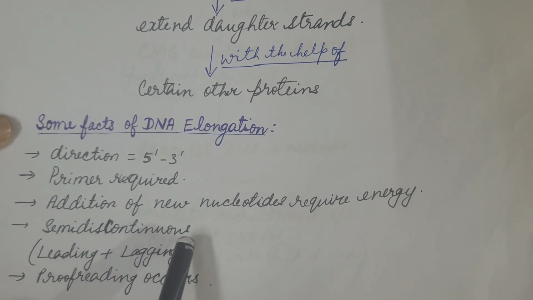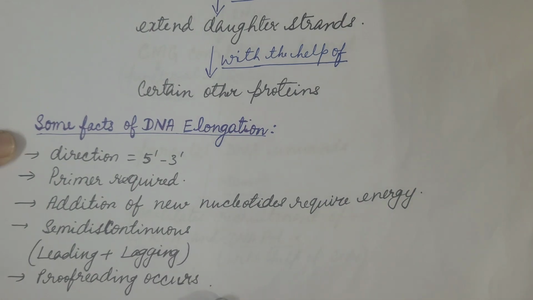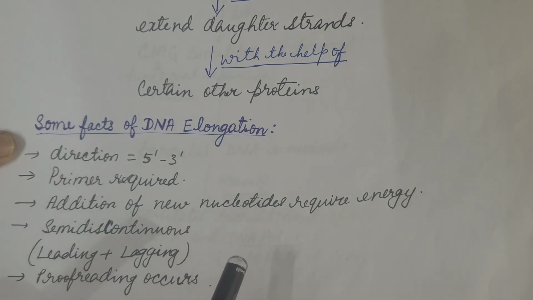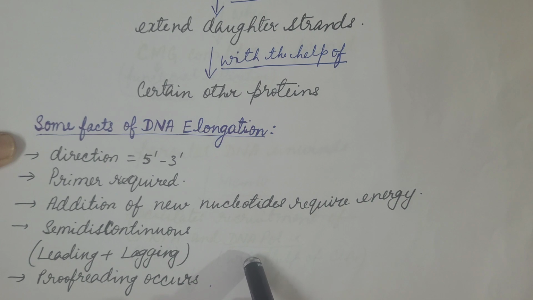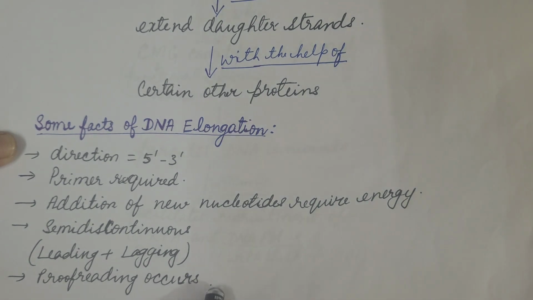Hence, DNA replication is semi-discontinuous in nature. Proofreading also occurs in elongation. Sometimes a wrong base is incorporated. When DNA polymerase recognizes this wrong base, it moves backward, excises the base, and this is followed by the reinsertion of the correct base. This is known as proofreading.